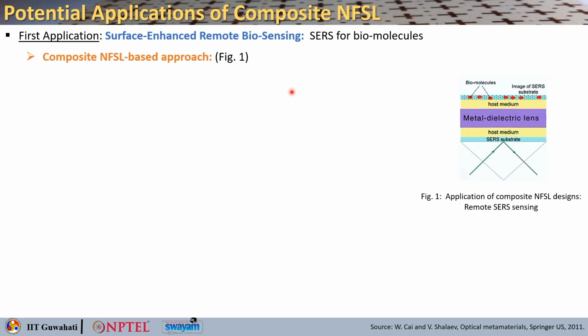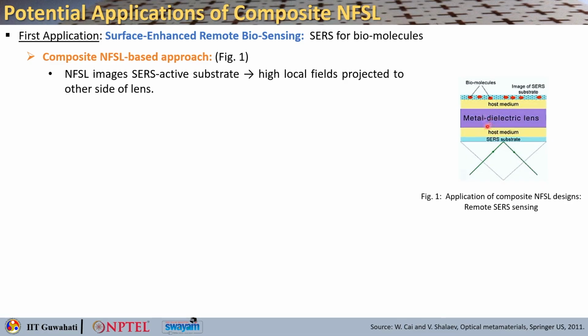Okay. So this is the first application we will be discussing today, surface enhanced remote biosensing. So the SERS for biomolecules can be done using this kind of a setup, where you are basically using a composite near field superlens based approach, right. So this near field superlens basically images a SERS active substrate.